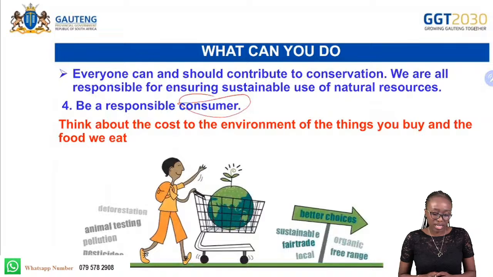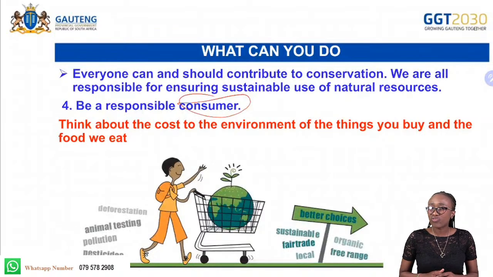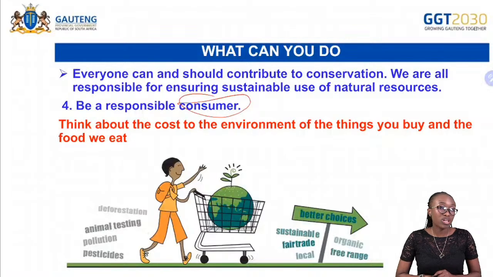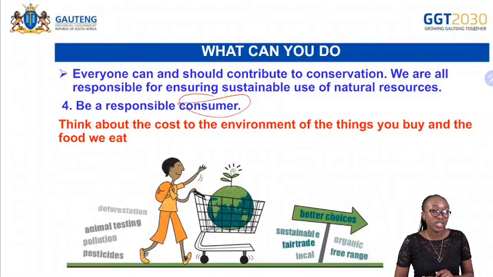Some of these products that we purchase, the way they are produced is not friendly to the environment or to the living organisms that live in different ecosystems. Some companies perform animal testing, they test these products on animals, harming the animals, reducing the biodiversity in our ecosystem.